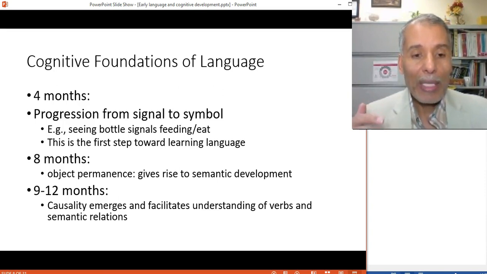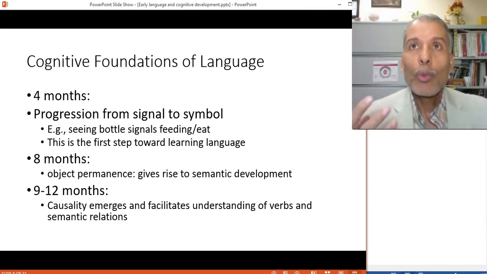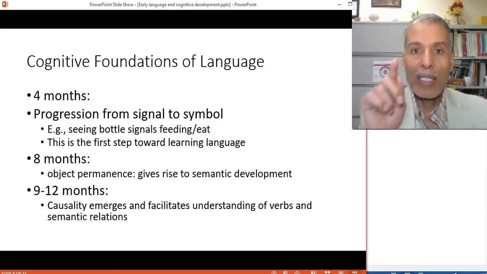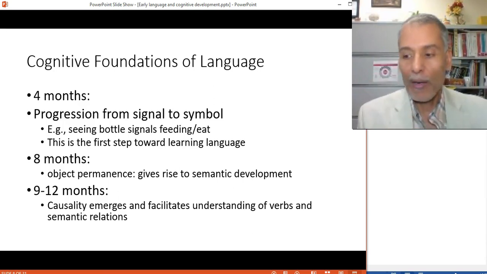What gives them that ability to recognize is having object permanence, having enough memory to be able to think and imagine something that doesn't exist in front of their eyes, that doesn't exist right here.